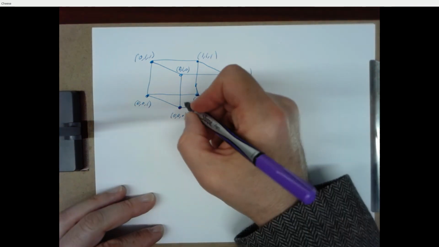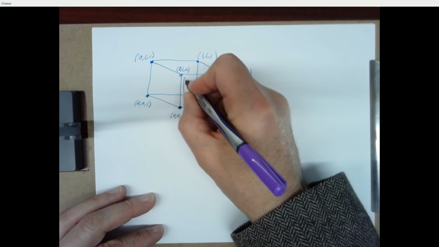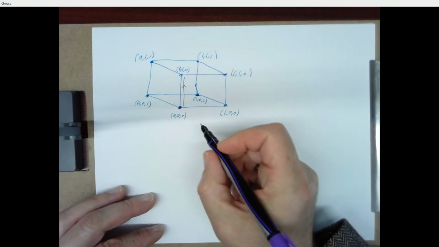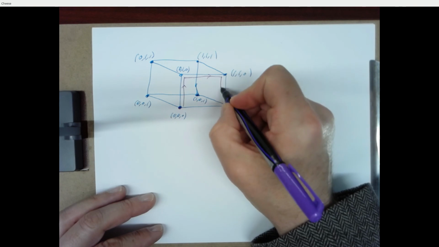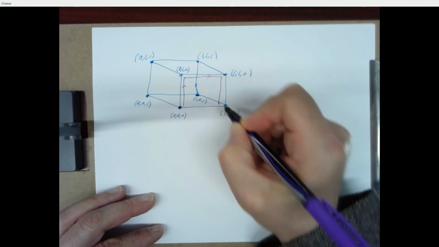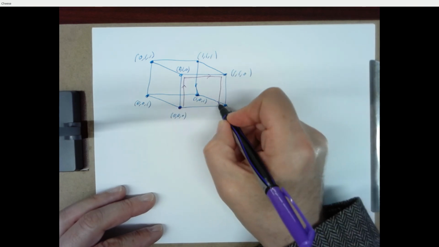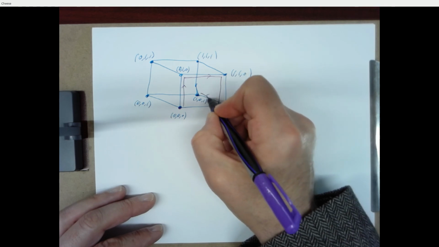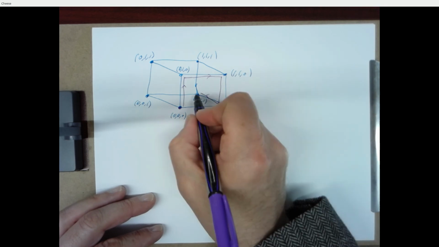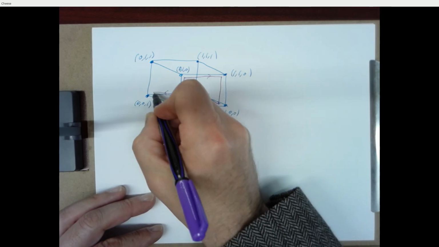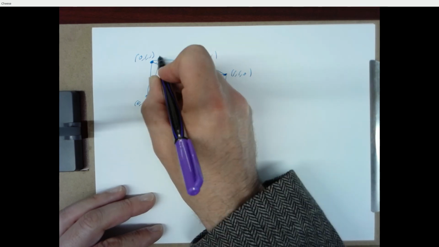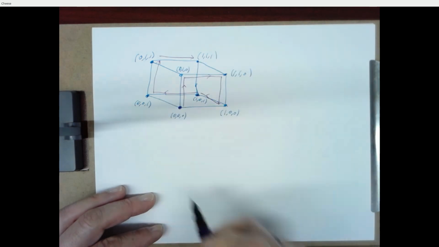And so, yeah, we can come up here and we can come across and come down. And I can't go over, so I'm going to go back at this point. And come over like this, and come up, and come over.